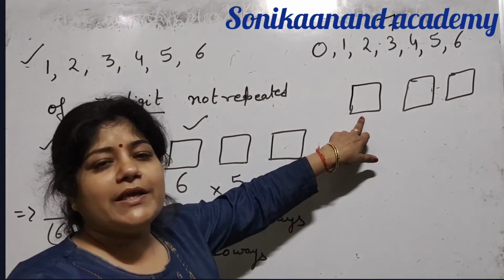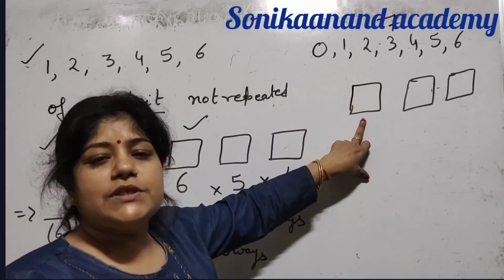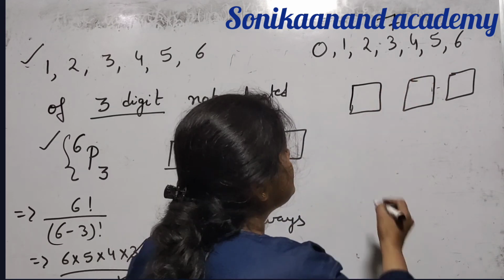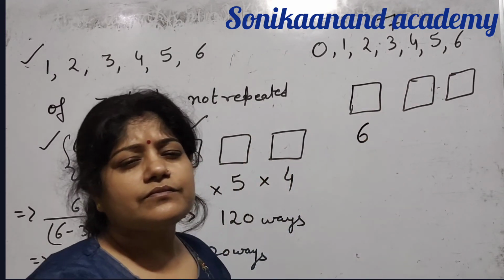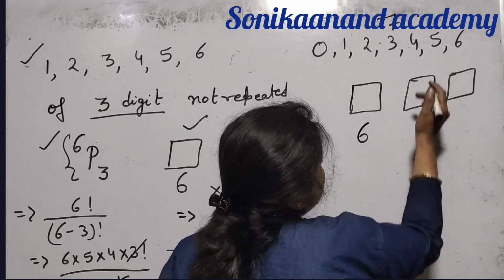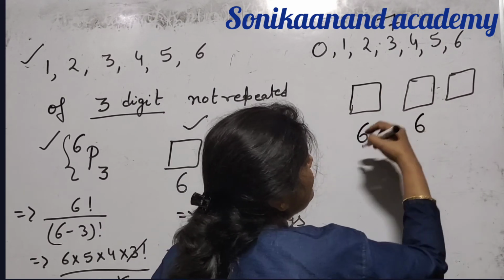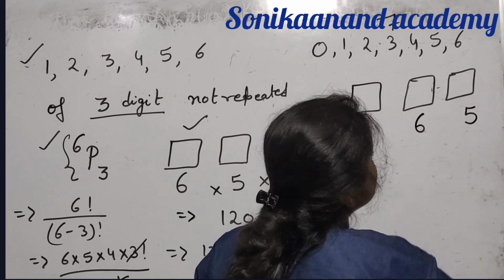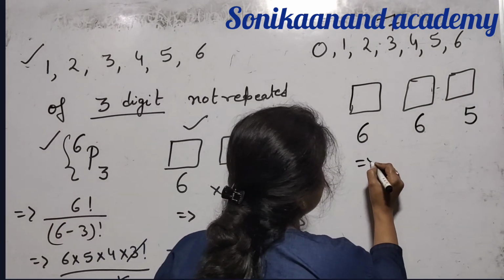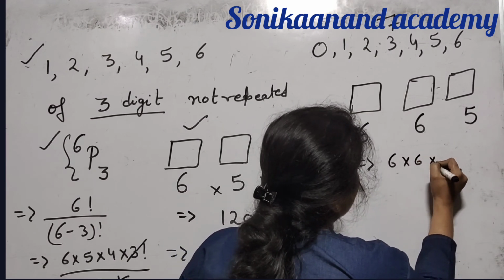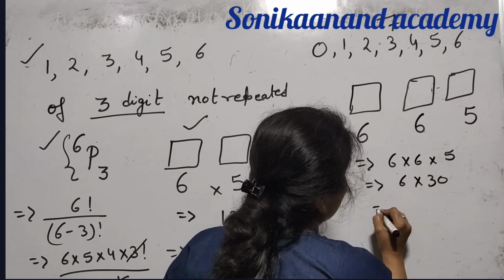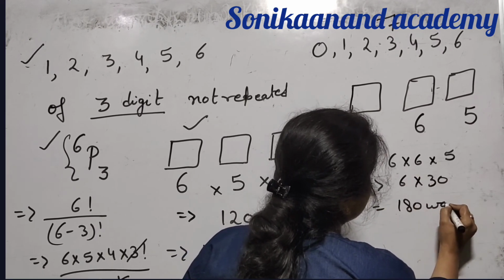But in the first place, we cannot fill 0. So here we have 6 choices. Now at the second place, we again have 6 choices. And in the third place, we have 5 choices. So overall, what is the answer? 6 into 6 into 5, that is 6 into 30, that is 180 ways.